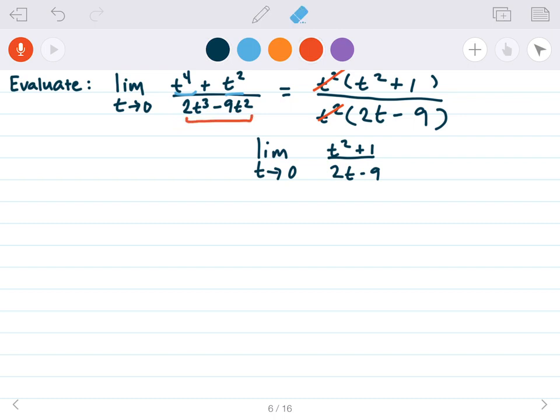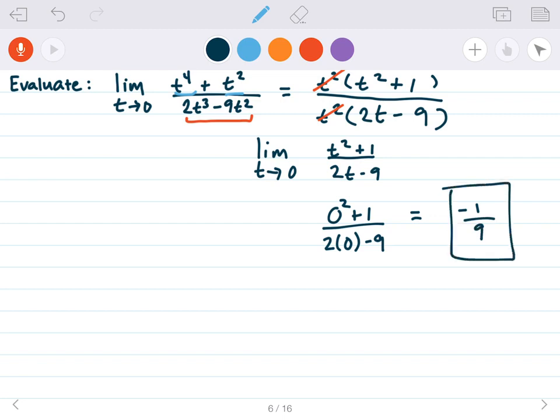But here we don't. If we plug in 0 for t, we get 0 squared plus 1 over 2 times 0 minus 9. That simplifies to negative 1 over 9. So that is our limit. That's our answer.